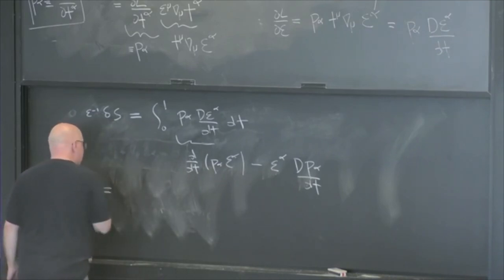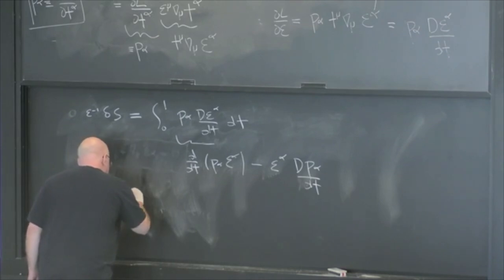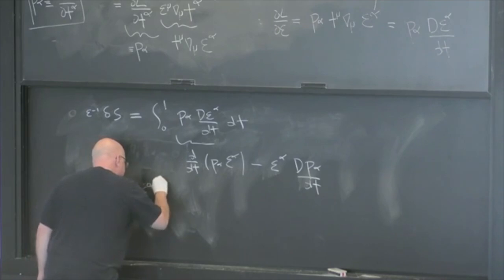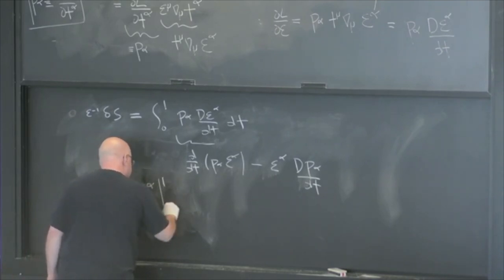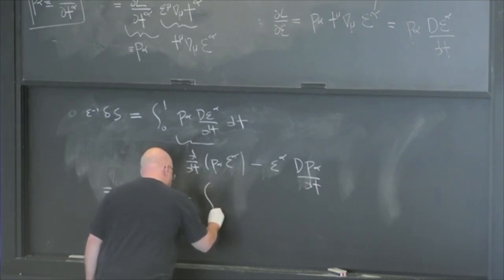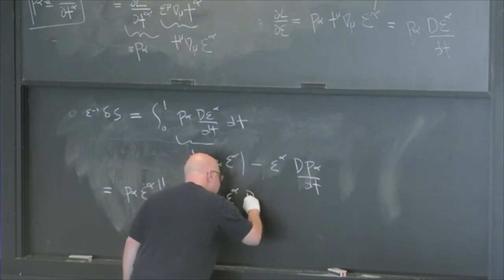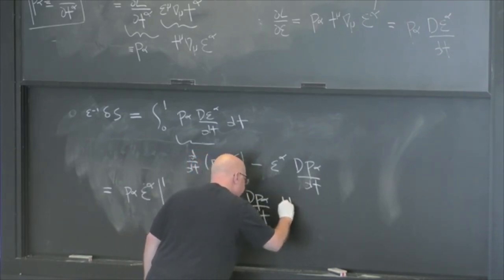So the final expression for the variation of the action is going to be the scalar product between p and alpha evaluated at the boundary points minus an integral of epsilon alpha dp dt integrated on the curve.